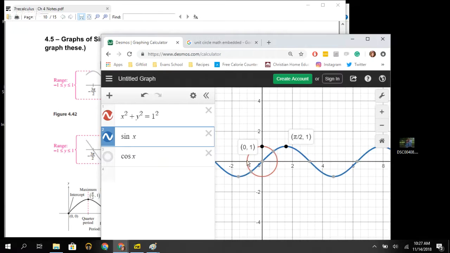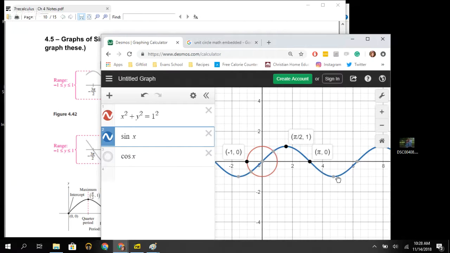If I wanted to look at my unit circle and find the sine of pi or 180 degrees, that's going to be my y component, which is 0. If I look at my sine graph, the sine of pi or 180 degrees is 0.